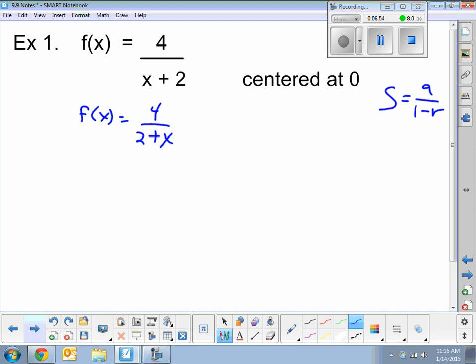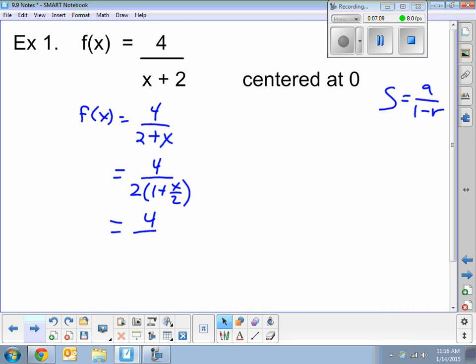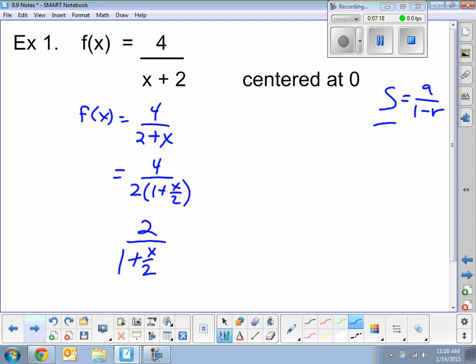And once again, we need a 1 minus r. I might factor out a 2, which makes that 1 plus x over 2, and 4 divided by 2 is simply 2. So it's 2 over 1 plus x over 2. We're almost there.